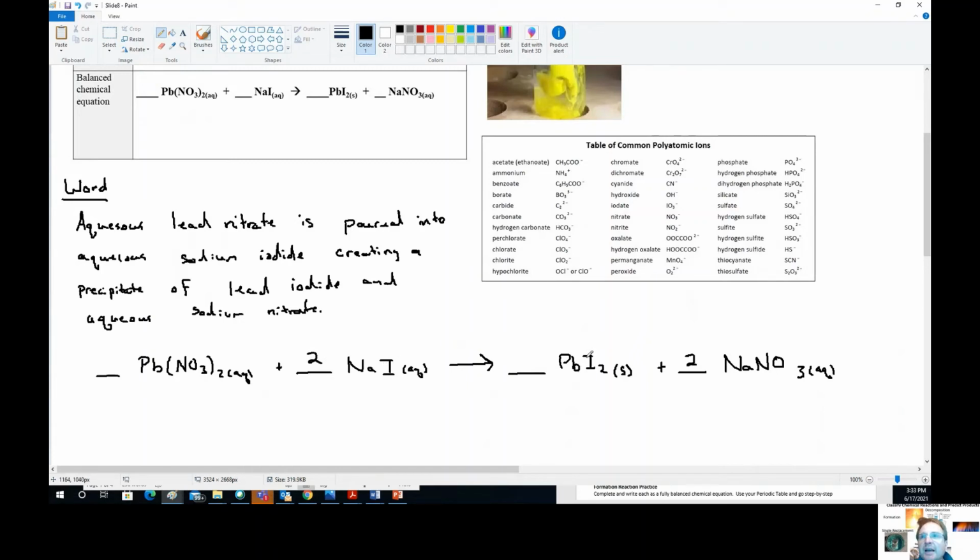That just balanced the iodine. So 2 sodiums, 2 sodiums, 2 iodines, 2 iodines, 1 lead, 1 lead, 2 nitrates, 2 nitrates. So 1 mole of lead nitrate combined with 2 moles of sodium iodide is going to produce 1 mole of lead iodide precipitate and 2 moles of sodium nitrate aqueous. There we go, double replacement.